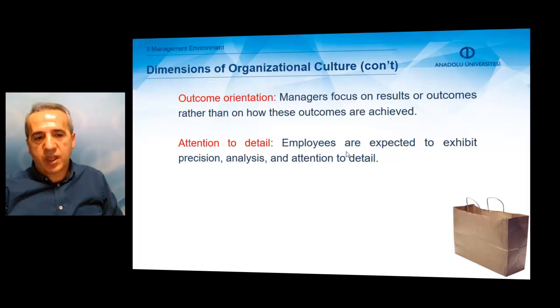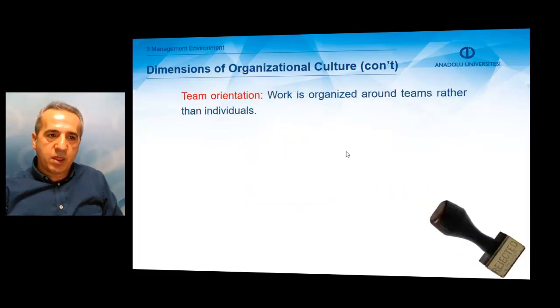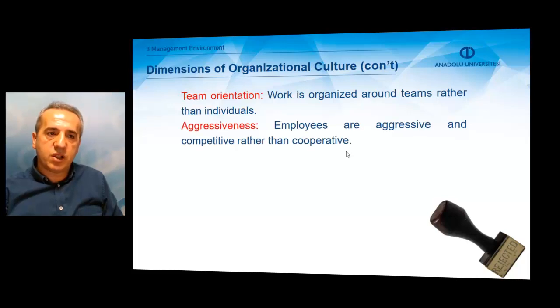Employees are expected to exhibit precision, analysis, and attention to detail within these cultures. Some cultures are people oriented, and management decisions take into account the effects on people in the organization. Team orientation: within these types of organizational cultures, the work is organized around teams rather than individuals.